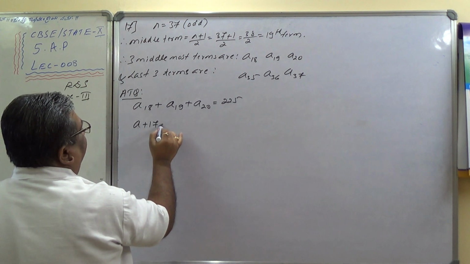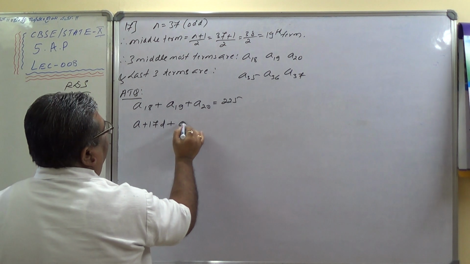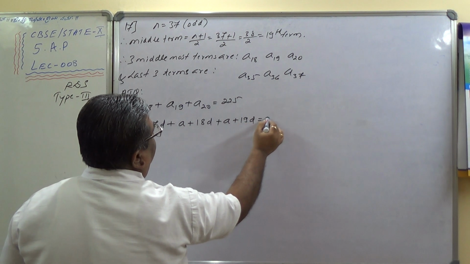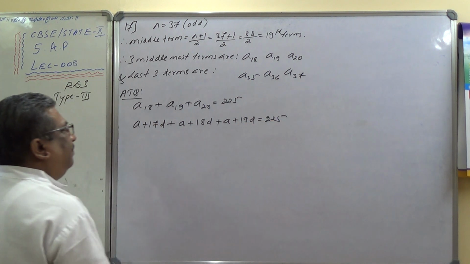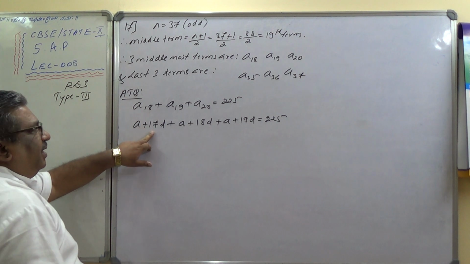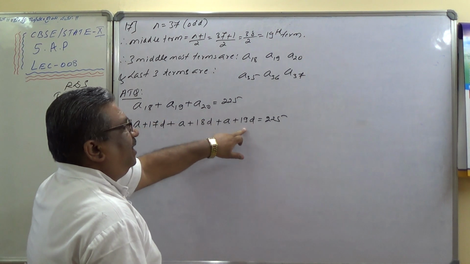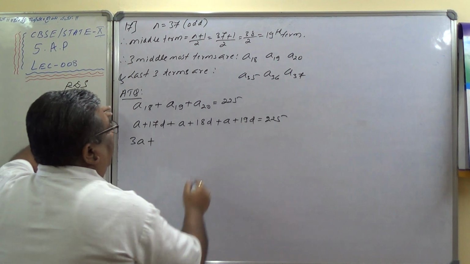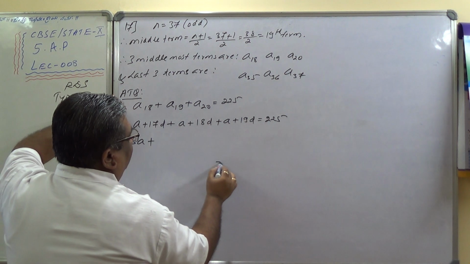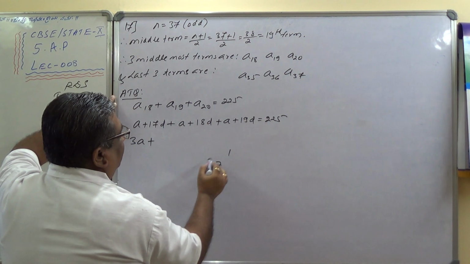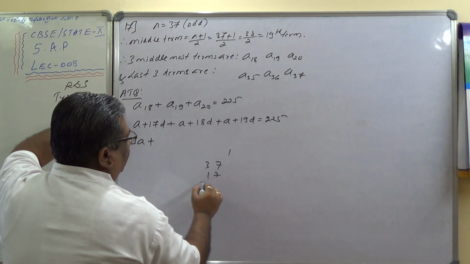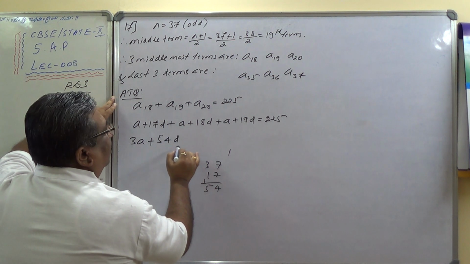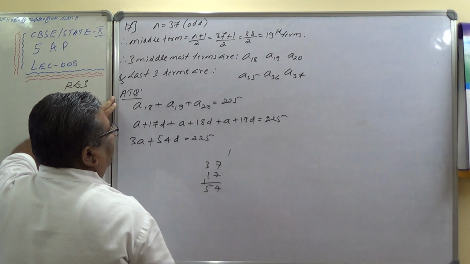A plus 17D, A plus 18D, plus A plus 19D equals 225. 18 minus 1 is 17, 19 minus 1 is 18, 20 minus 1 into D, 19D. 3A plus 17 plus 18 plus 19, 54D equals 225.